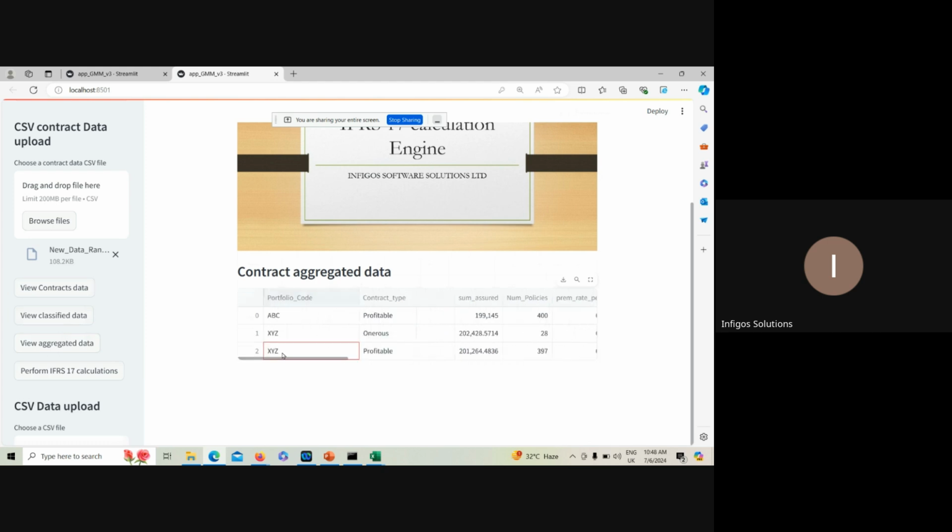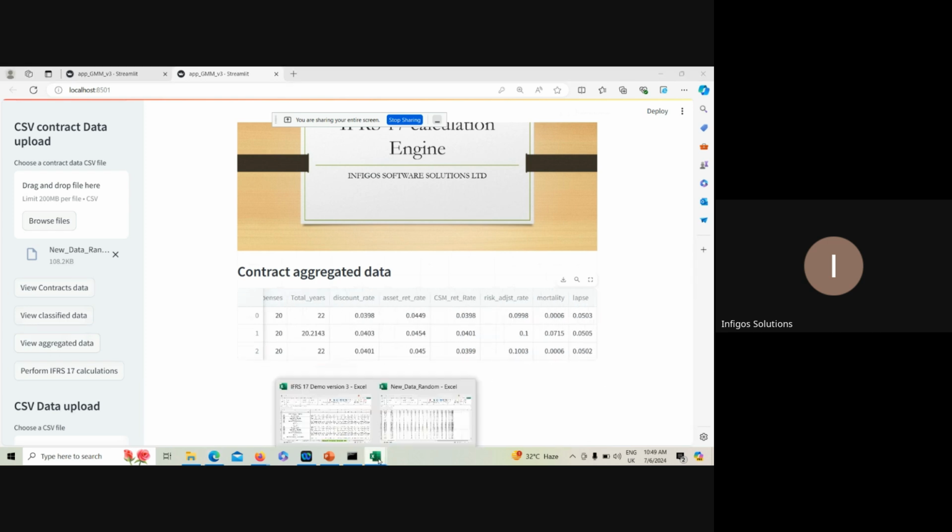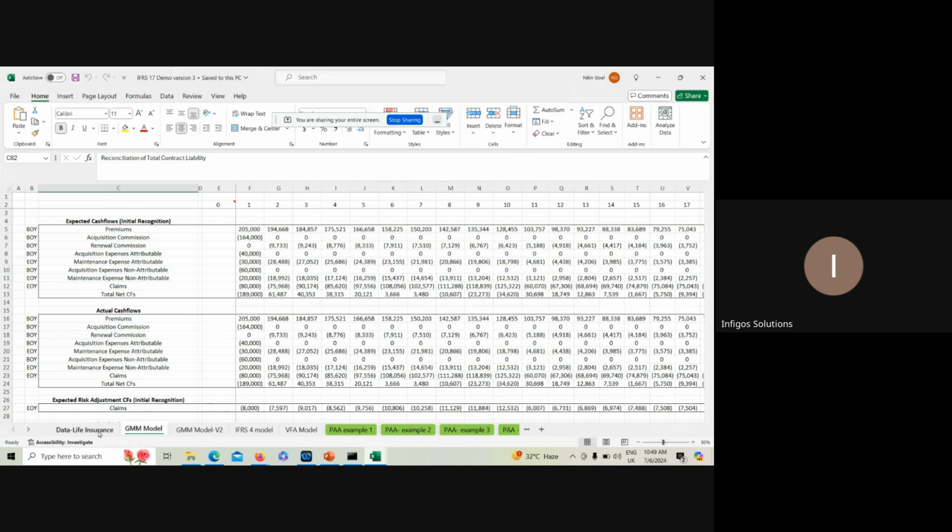I can aggregate 28 contracts in this line. So this particular data which you have seen here is aggregated data.